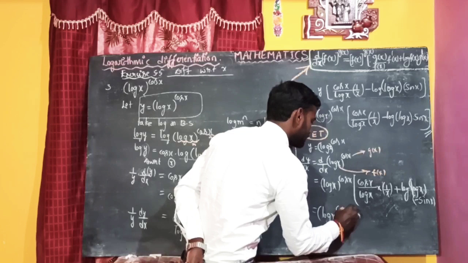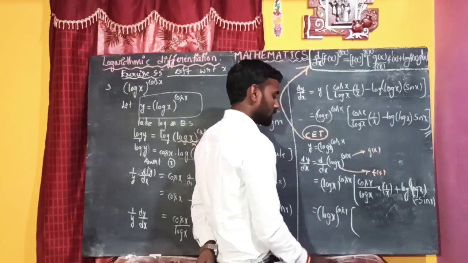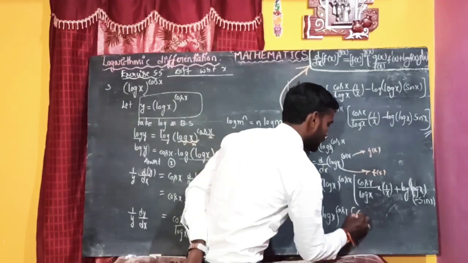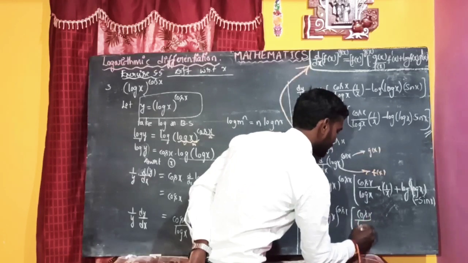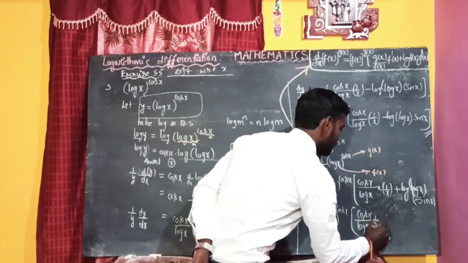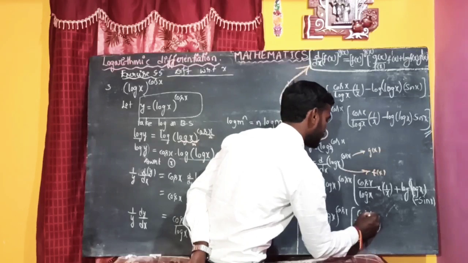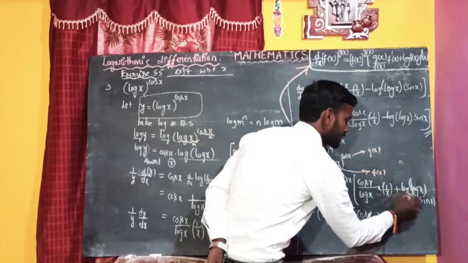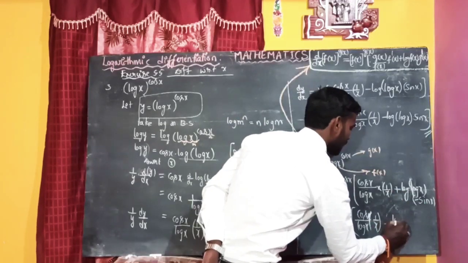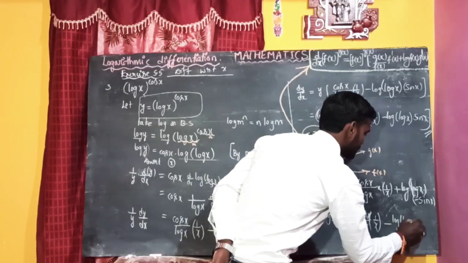One more step. Here (log x) to the power of cos x into cos x by log x into 1 by x. Plus into minus is minus log of log x into sin x.